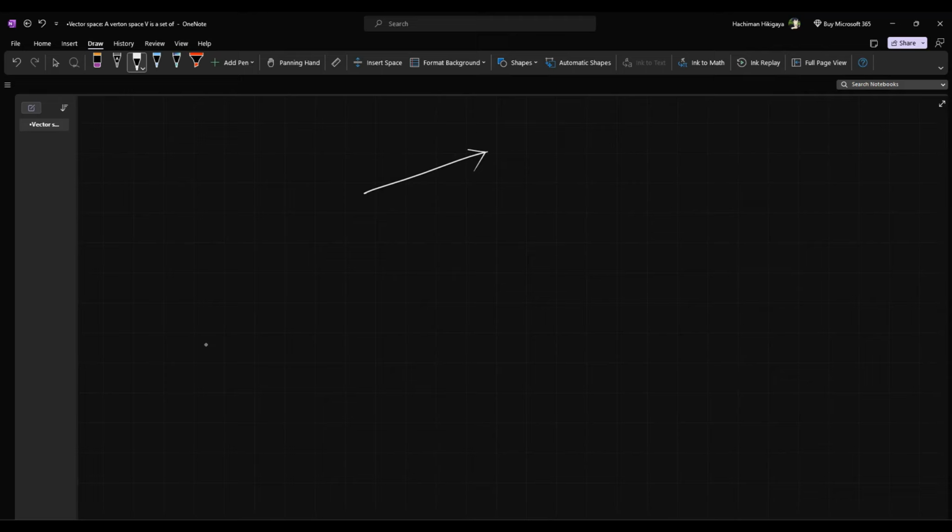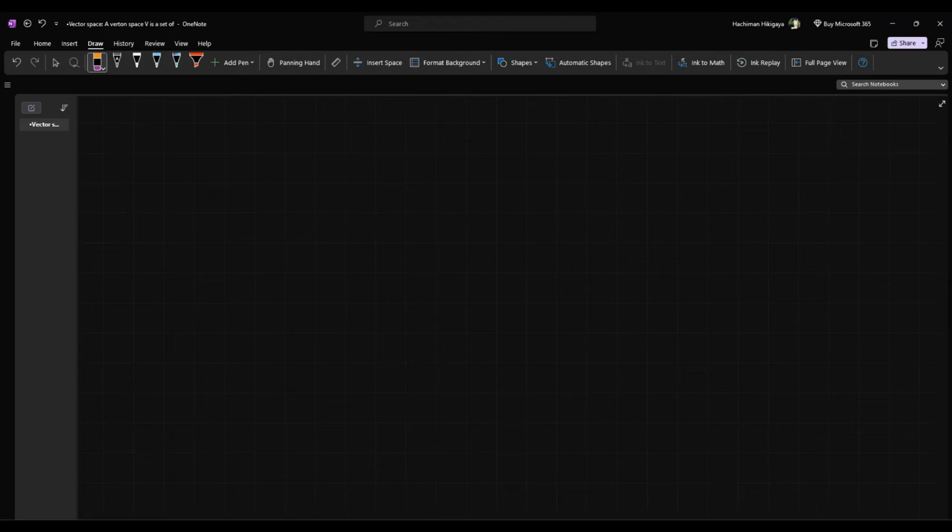It is not necessarily a direction vector or something that we have seen so far in our physics study. So maybe I should give some examples of vector spaces.